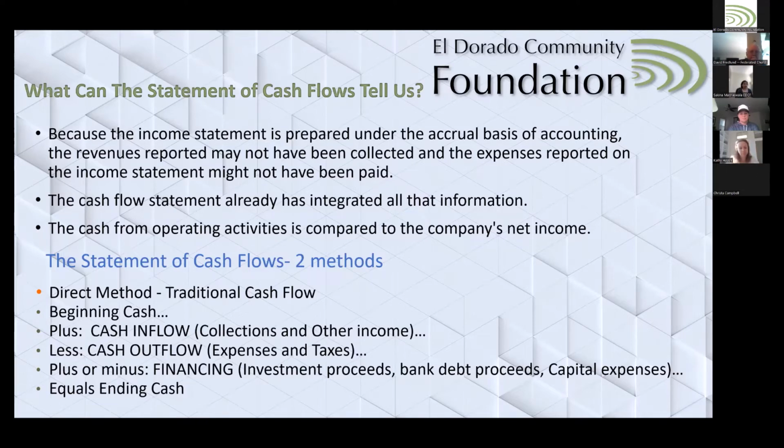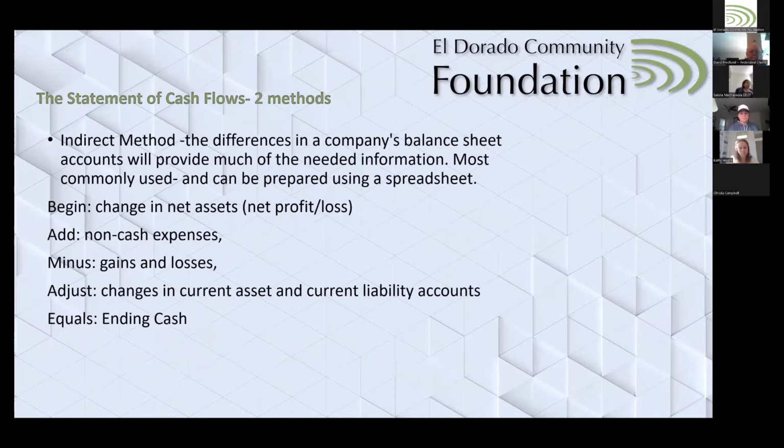The second one is the indirect method. This is where you would use your company's balance sheet to find out the information needed. You would begin with the change in net assets, meaning your profit and loss amount.